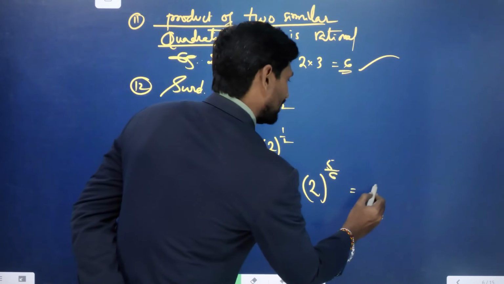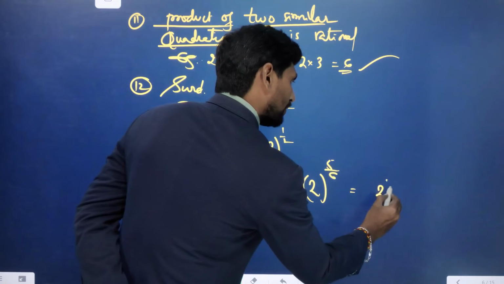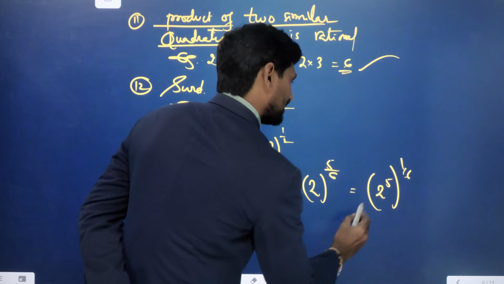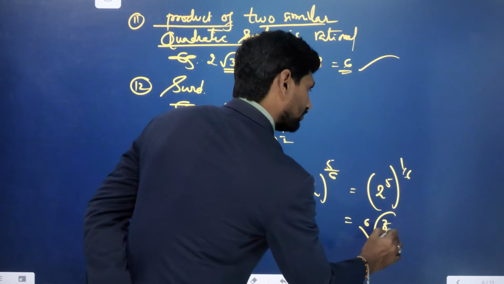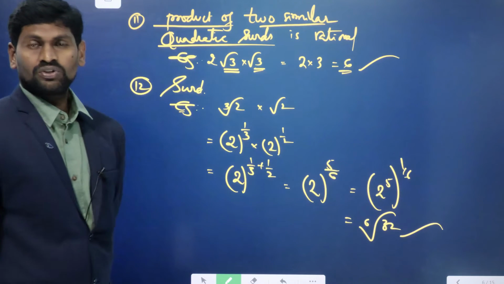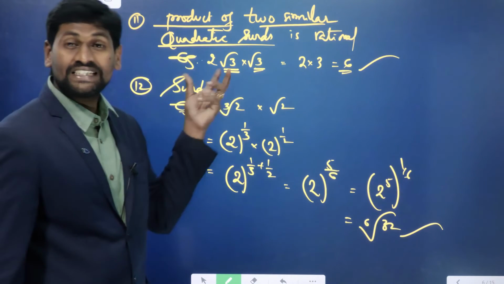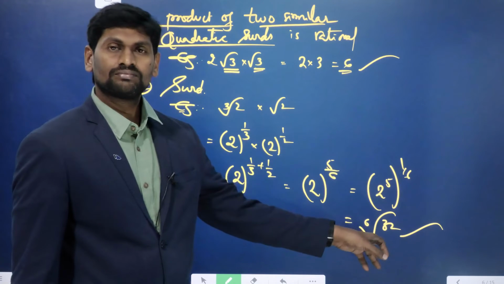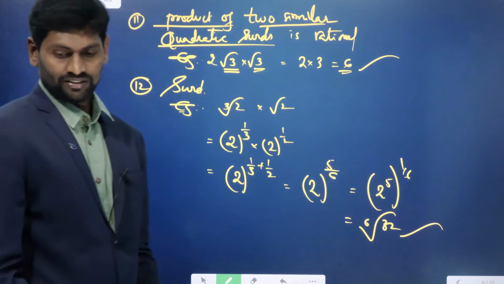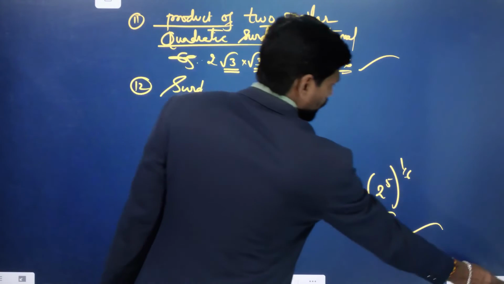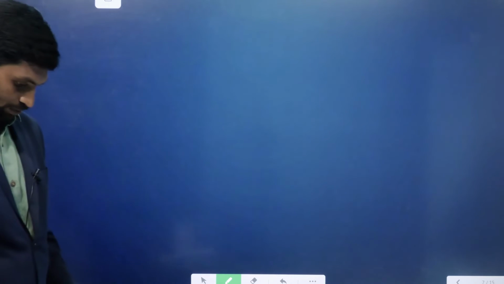I can write this as 2 power 5 whole power 1 by 6, nothing but the 6th root of 32. The 6th root of 32 is also a surd, not a rational number. So the product of two dissimilar surds is a surd itself. Let us go to the next problem.